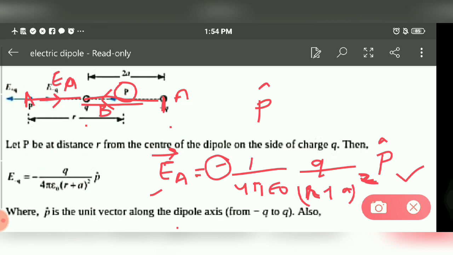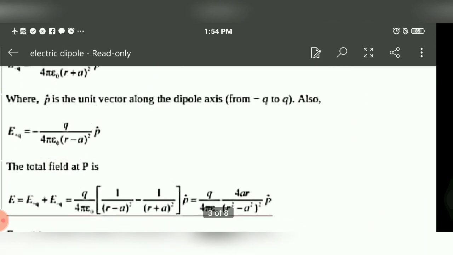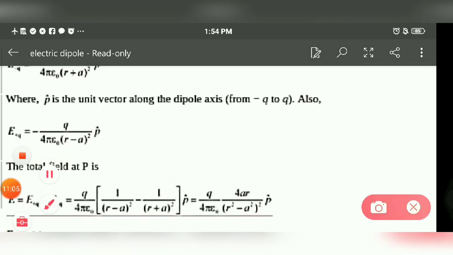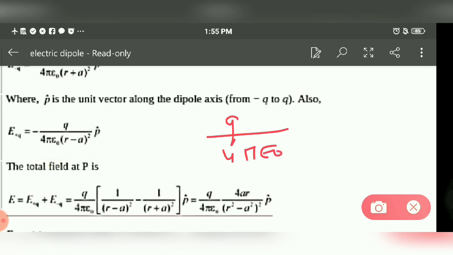Next we will find the field due to point B, the positive charge. So due to the positive charge at point B, the field is going to be Q by 4 pi epsilon naught. Now the positive charge will repel the unit positive charge at P in this direction.